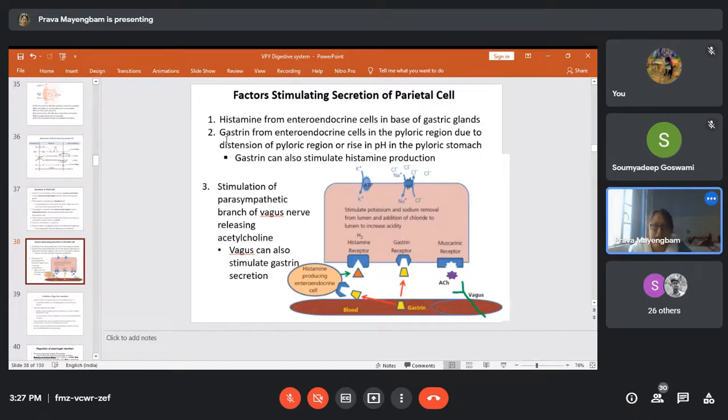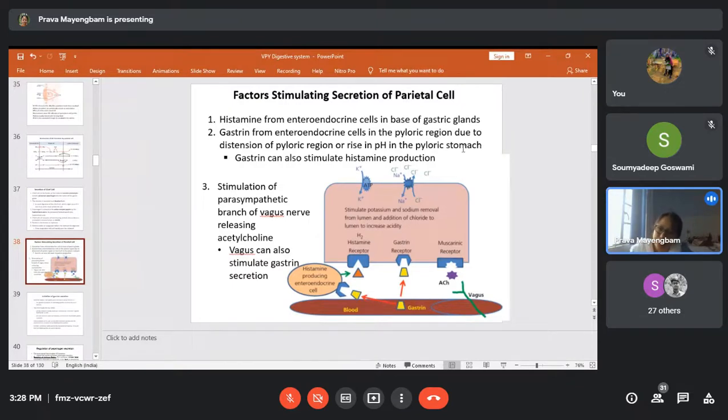Another is gastrin from the enteroendocrine cells in the pyloric region due to distension of the pyloric region, or due to a rise in the pH in the pyloric stomach.